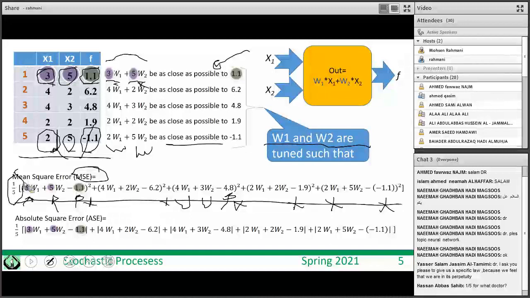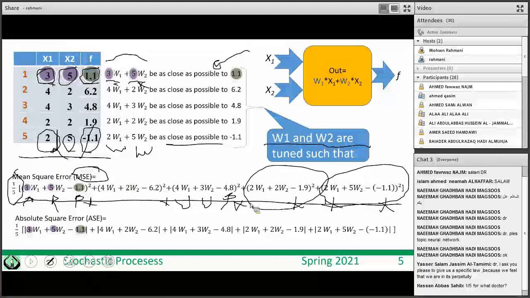Have a look here, please. What is the meaning of this term, for example, 2 in W1 plus 2 in W2 minus 1.9 with the power of 2?